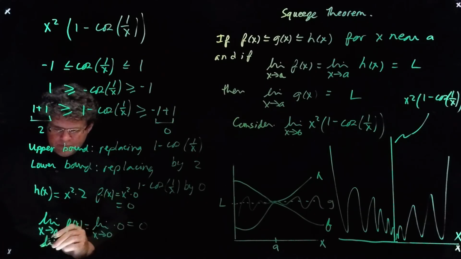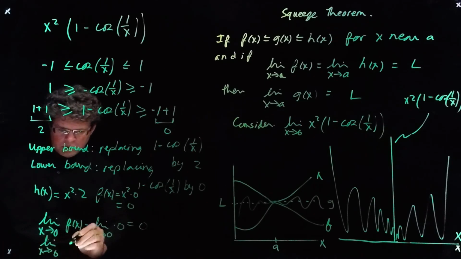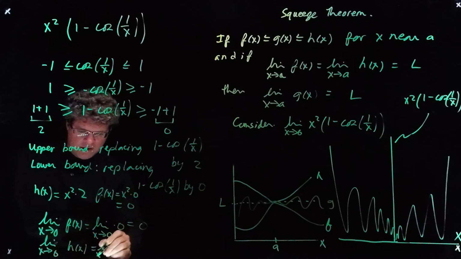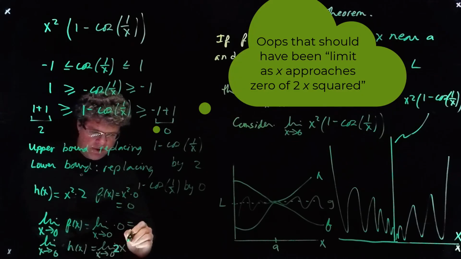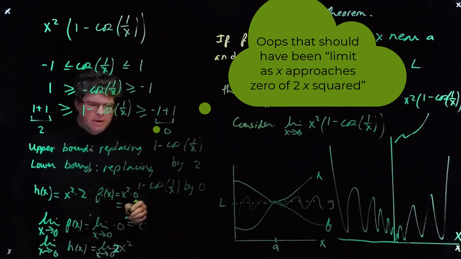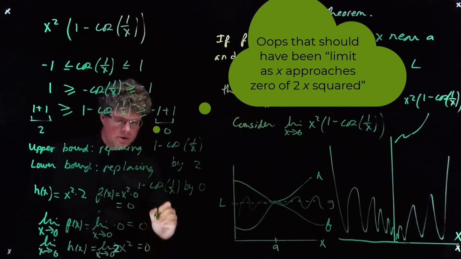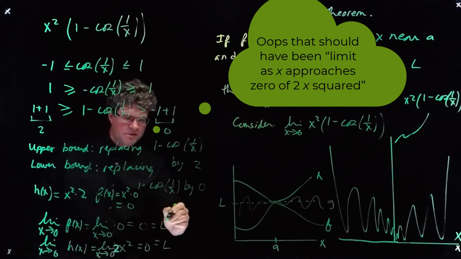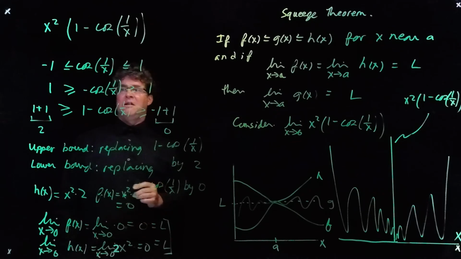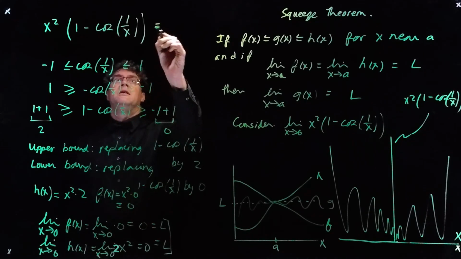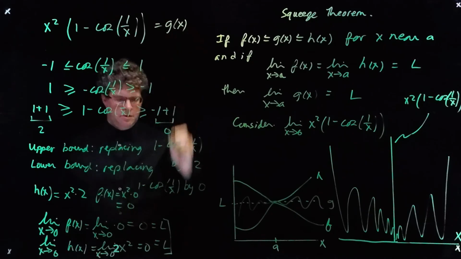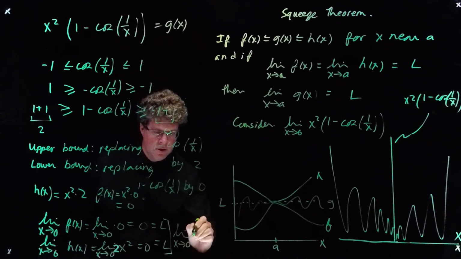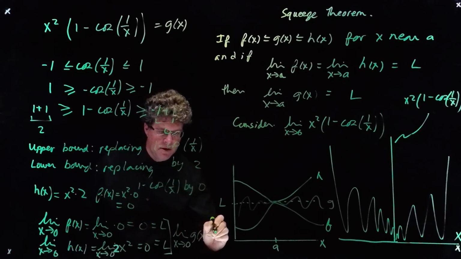The limit as x approaches 0 of h of x is equal to the limit as x approaches 0 of 2x squared. And this will also equal 0. So these are the values for L. And so together, this says that the limit as x approaches 0 of g of x is equal to 0.